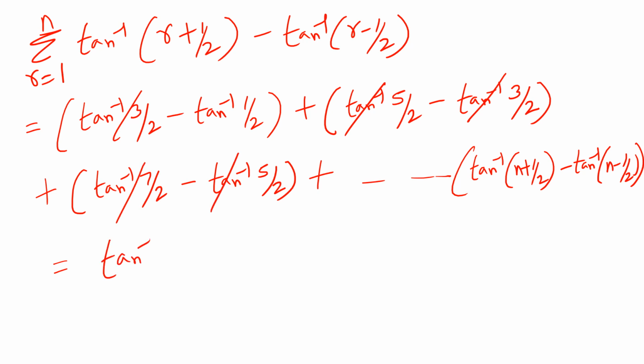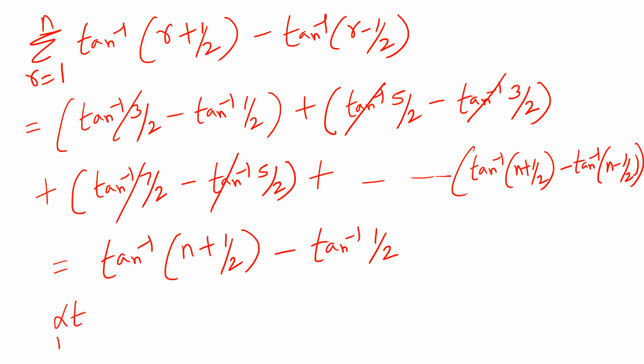So the sum of the series till n terms becomes tan inverse n plus half minus tan inverse half. Now students, we will find the limit of this sum when n approaches infinity. And this is the final answer.